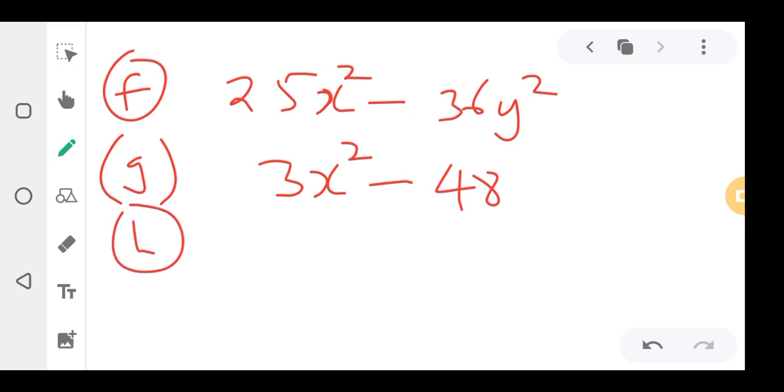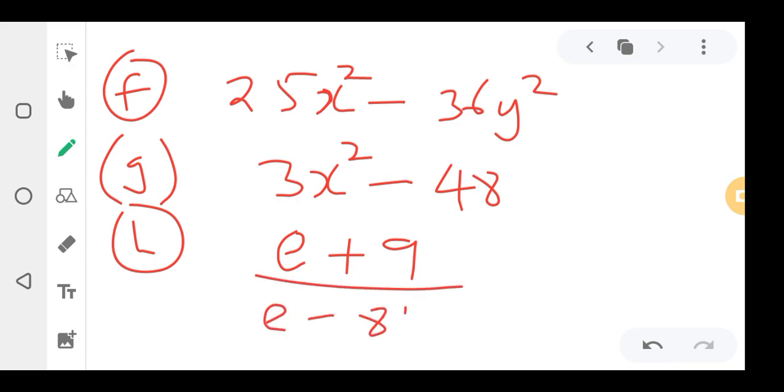Then we have got e plus 9 over e squared minus 81. Solve those.